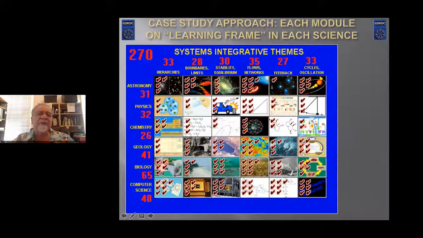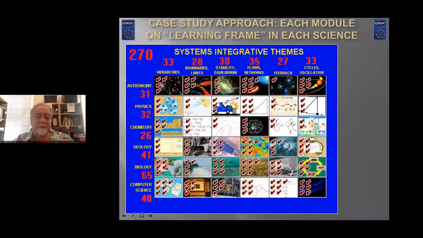And so we went through lots of case studies in astronomy, lots of case studies in physics and chemistry. In our demo of ISGE, when it was live, I could click on any one of these checks and come up with a number of slides that showed the module for examples of cycles and oscillation in astronomy, or examples of feedback in astronomy.